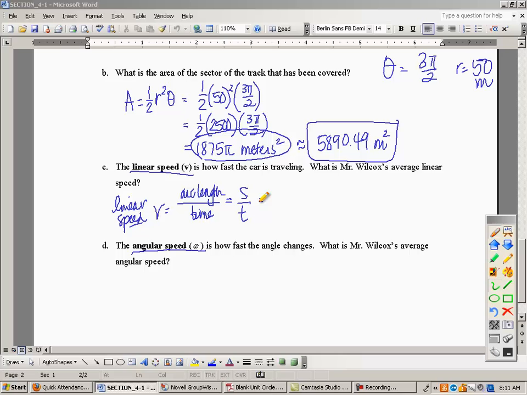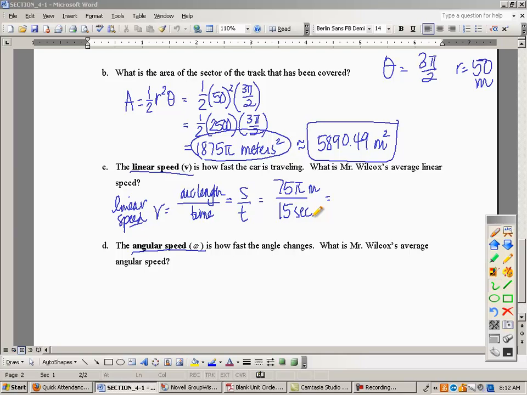We found above the arc length was 75 pi. And we knew that this time was 15 seconds. I probably need to throw meters on here. And so you can see that the speed is meters per second, which if you've taken physics at all, you know it is a perfectly good quantifier for a speed.